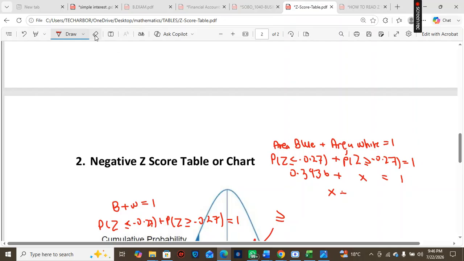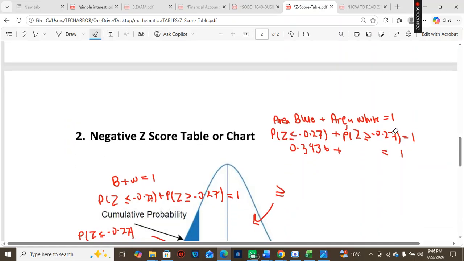Or no, let's not use X, let's just leave the same notation here, because in the exam, this is how you have to put it. Plus P(Z greater than negative 0.27) equals 1.